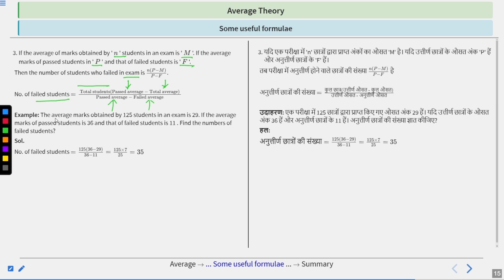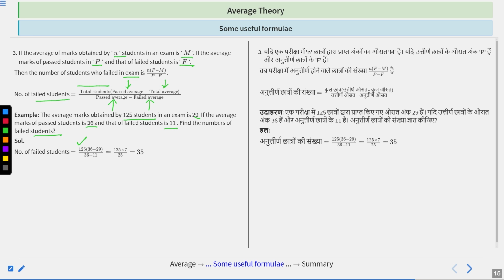Clear? We understand this by an example. The average marks obtained by 125 students in an exam is 29. If the average mark of passed students is 36 and that of failed students is 11, find the number of failed students. So we use this formula. Total students is given, 125, so we write 125.